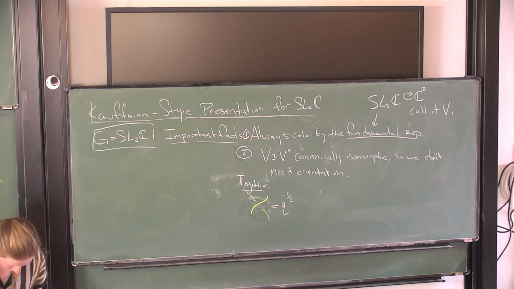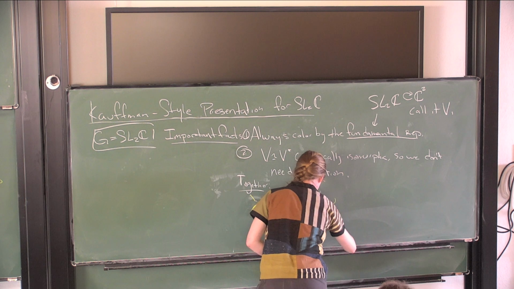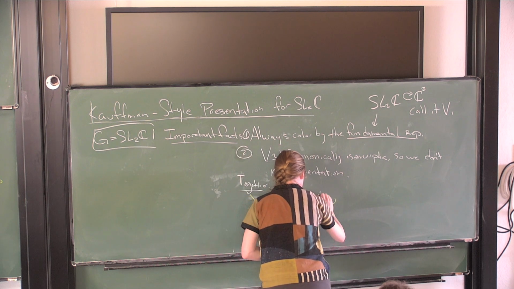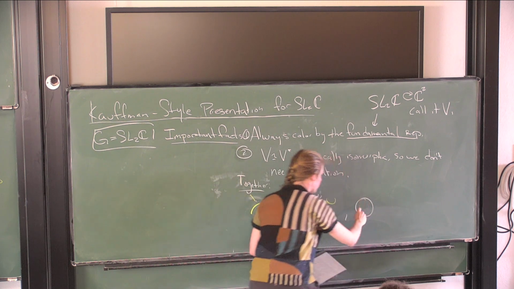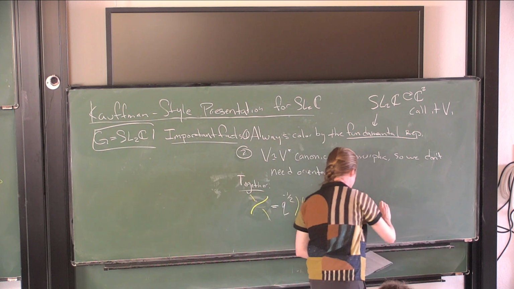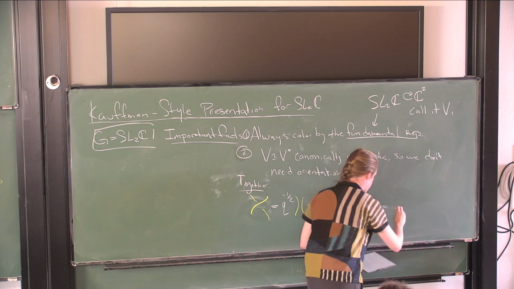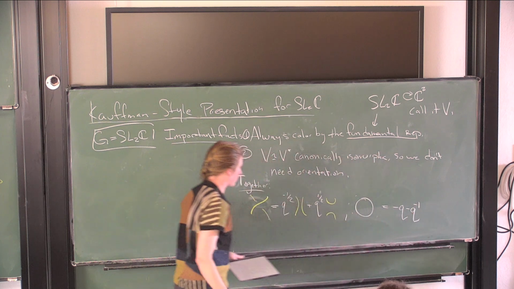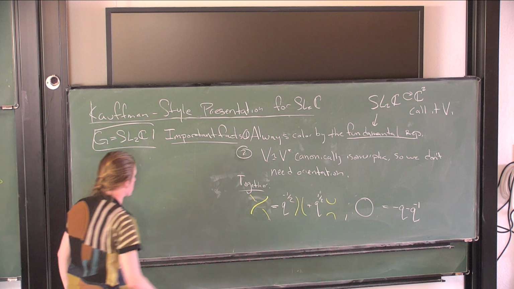And then the other one, like that. And then I also have, if I have just a contractible curve, I can get rid of it. So I have this relation.